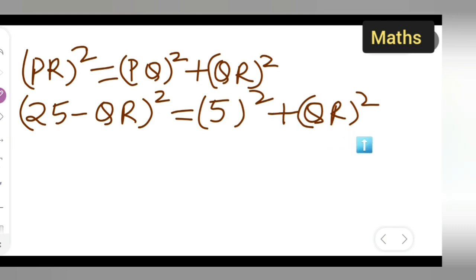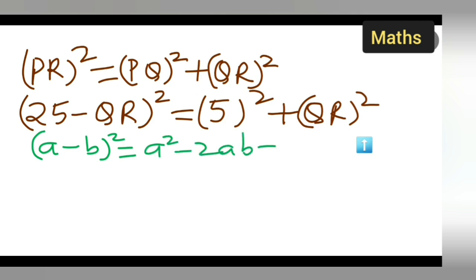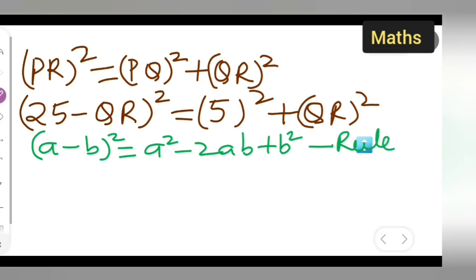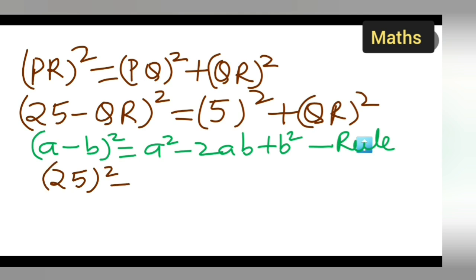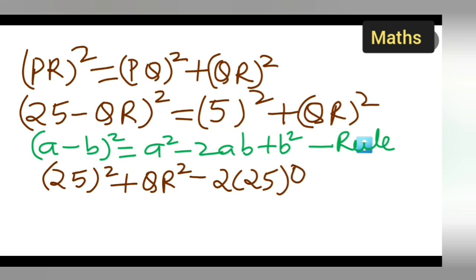So here you all are going to apply A minus B the whole square rule. A minus B the whole square is equal to A square minus 2AB plus B square. This is a rule which we are applying. Okay, so write down 25 square plus QR the whole square minus 2 into 25 into QR, is equal to 25 plus QR the whole square.